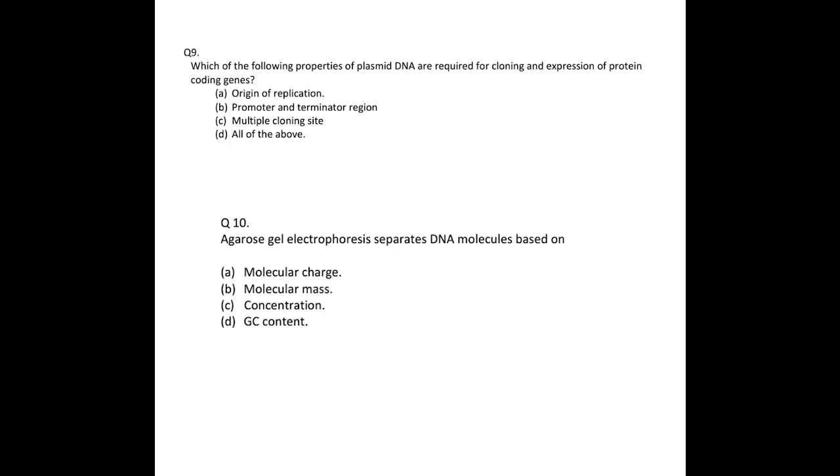In agarose gel electrophoresis, all the DNA molecules have a uniform negative charge to mass ratio. So they all move towards the positive electrode. The gel acts as a molecular sieve, allowing smaller DNA molecules to move faster and further through the pores than the larger fragments. Thus, we separate based on size or mass. So it is molecular mass. That is option B.